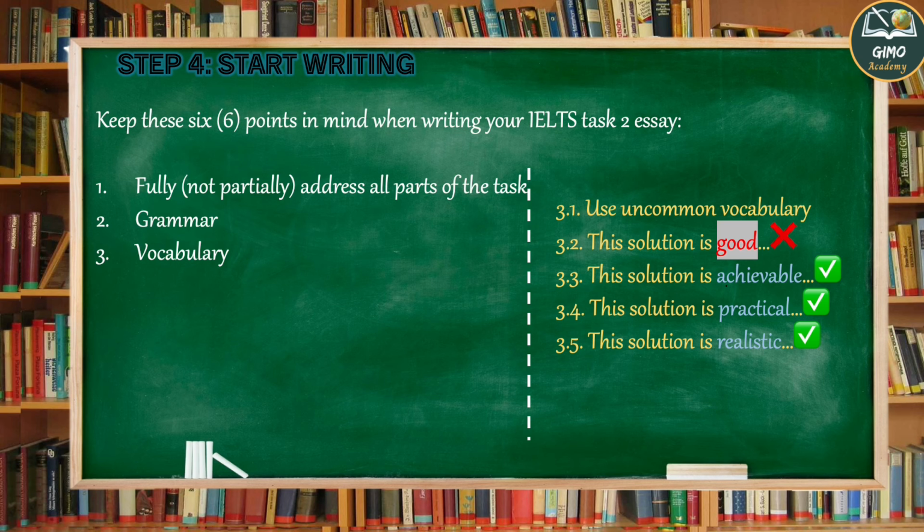And another example could be, instead of saying this solution is good, you should say this solution is achievable, this solution is practical, or this solution is realistic. In this way, you'll sound much more natural, like a native speaker, like someone who's fluent in English.